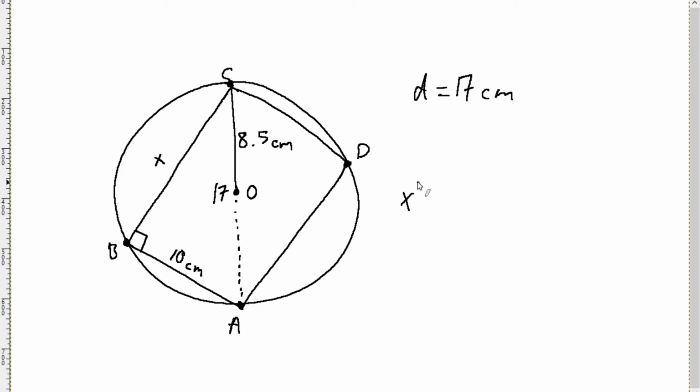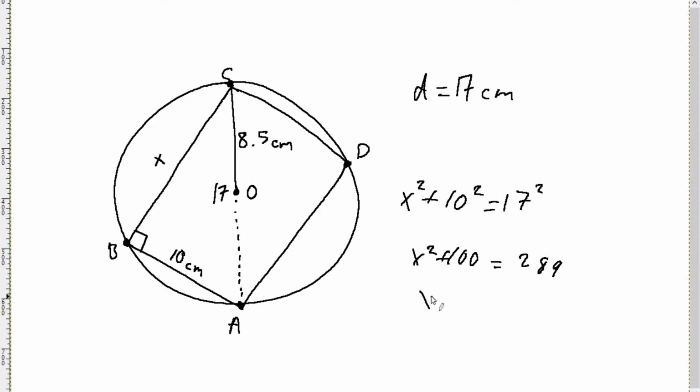We say x squared plus 10 squared equals 17 squared. We end up getting x squared plus 100 equals 289.